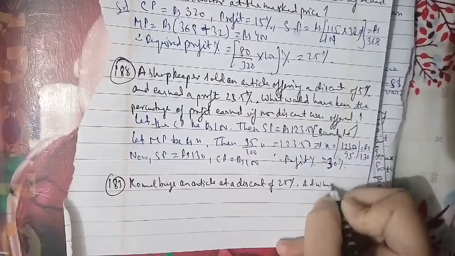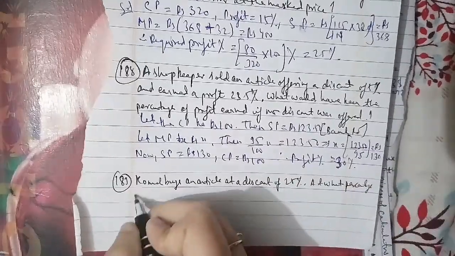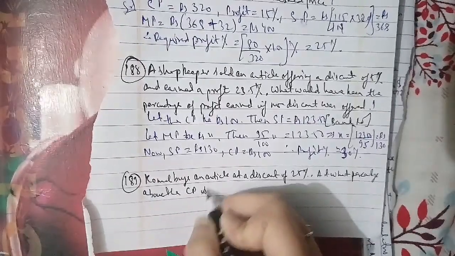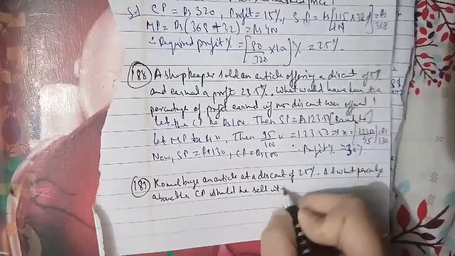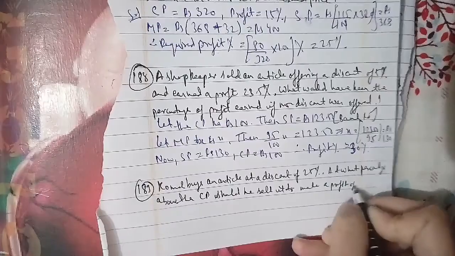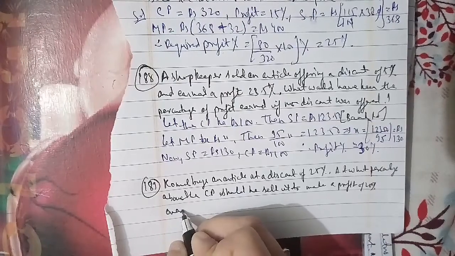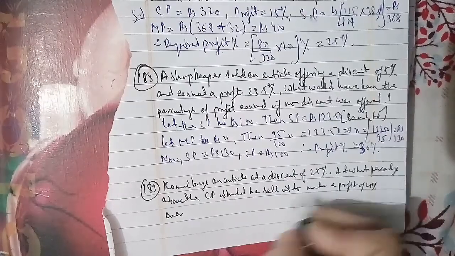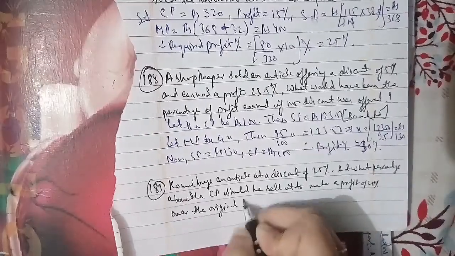At what percentage above the cost price should he sell it to make a profit of 25% over the original list price?